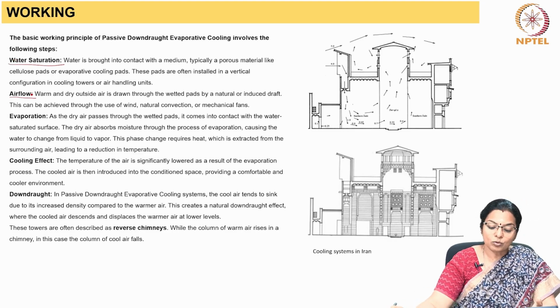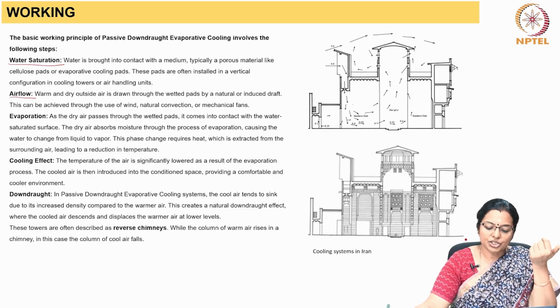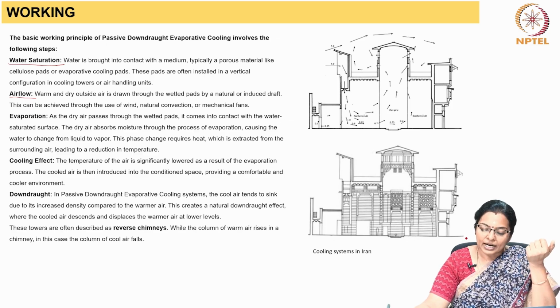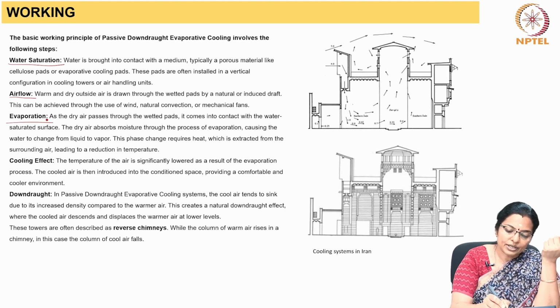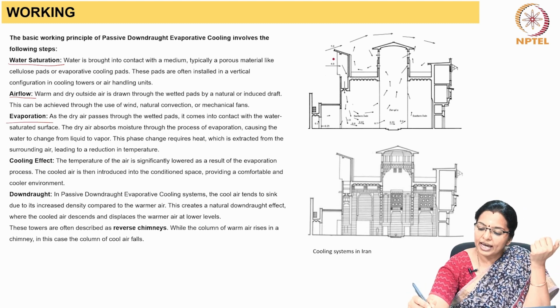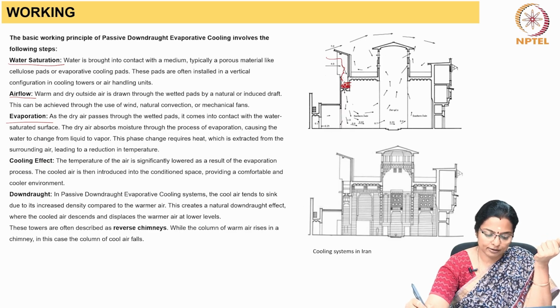Warm and dry outside air is drawn through the wetted pads by a natural or induced draft. This can be achieved through the use of wind, natural convection, or mechanical fans. Third is evaporation. As the dry air passes through the wetted pads, it comes into contact with the water saturated surface.